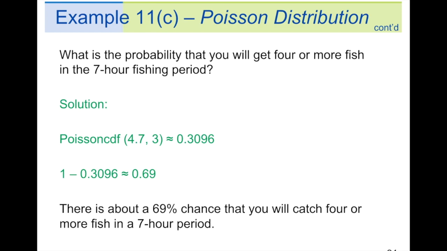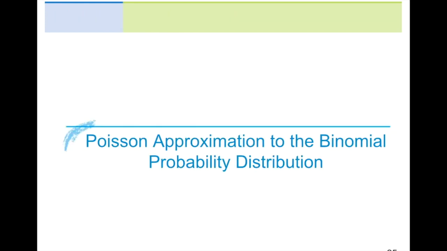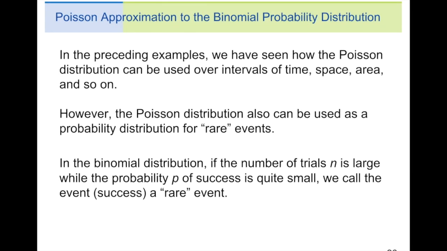Also, there's a button on your calculator called Poisson CDF, and you put that into your calculator and you get 0.3096. There is about a 69% chance that you will catch 4 or more fish in a 7-hour period, because we did 1 minus 0.3096.